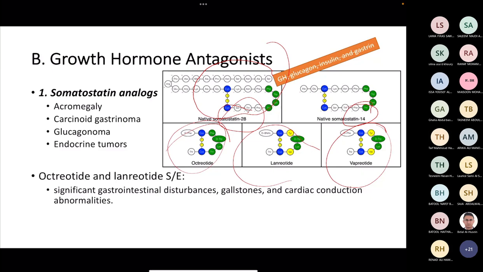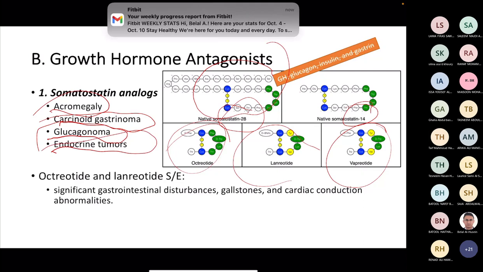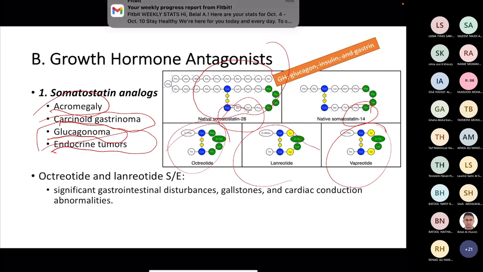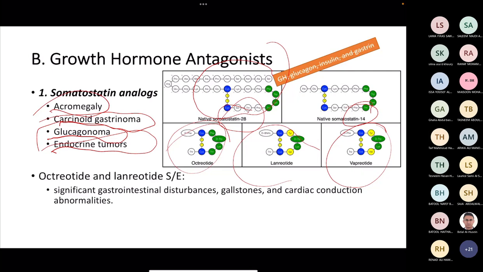Those are used for management of acromegaly, حكينا عنها, carcinoid gastrinoma or gastric cancers that release gastrin, and glucagonoma, which is a tumor that releases glucagon, and endocrine tumors. في عندنا group of tumors called MEN or multiple endocrine neoplasias, which release hormones, and those they cause some effects.